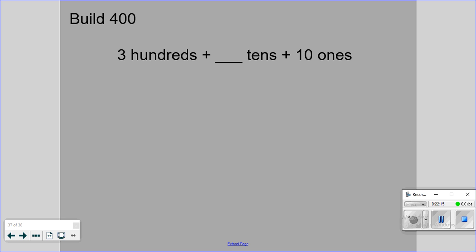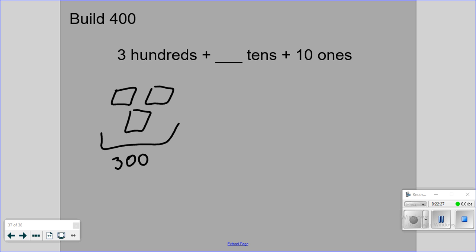One strategy that I really liked, I saw it both on Gwen and Michael's desk. They had 3 hundreds flats to give them a value of 300, and then they had 10 ones to give them a value of 10. 10 ones is equal to 10.